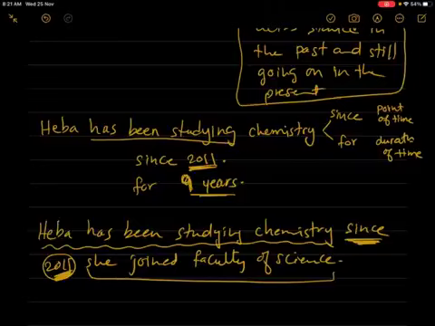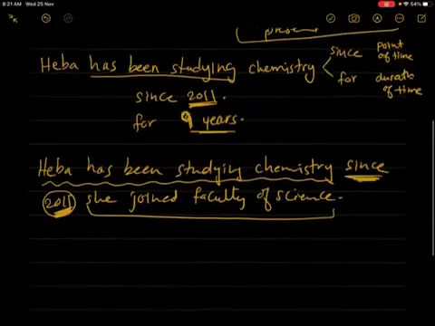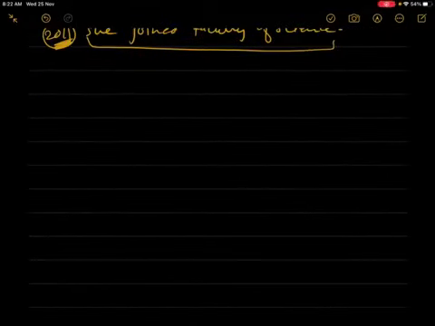So either I say Hiba has been studying chemistry since 2011, or I say since she joined the Faculty of Science, because what I understand here is that she joined Faculty of Science in 2011. Okay? That's, guys, the present perfect continuous.